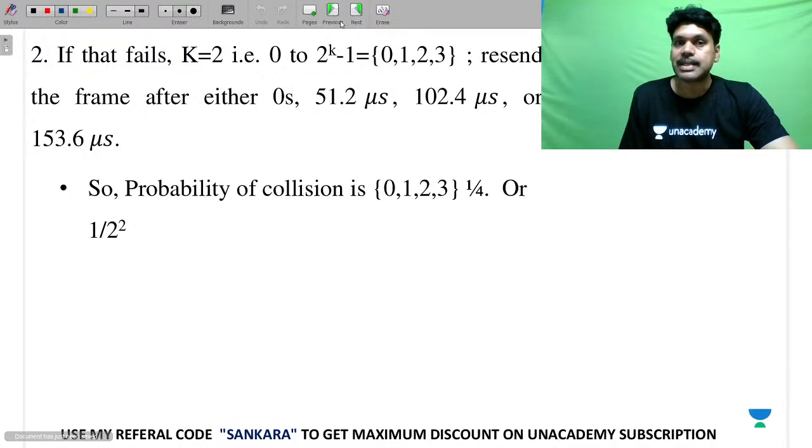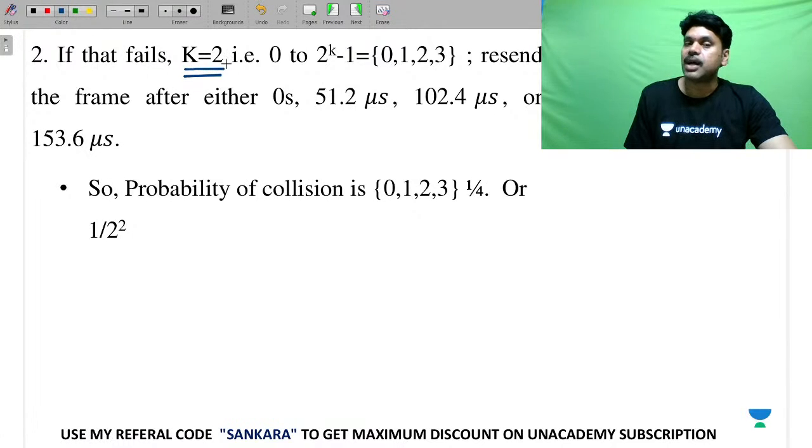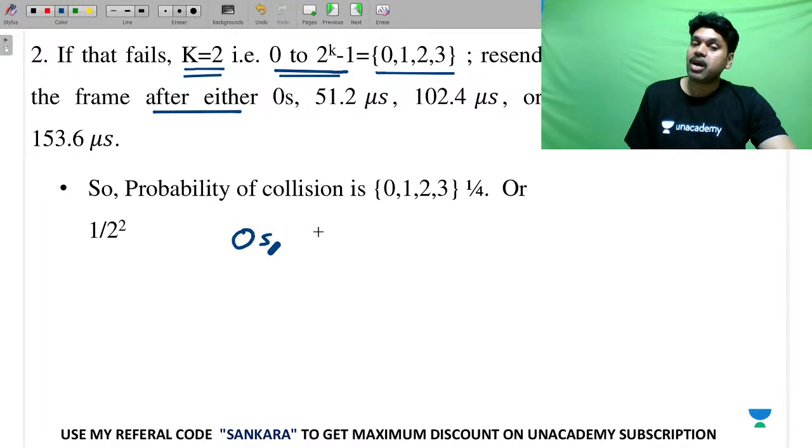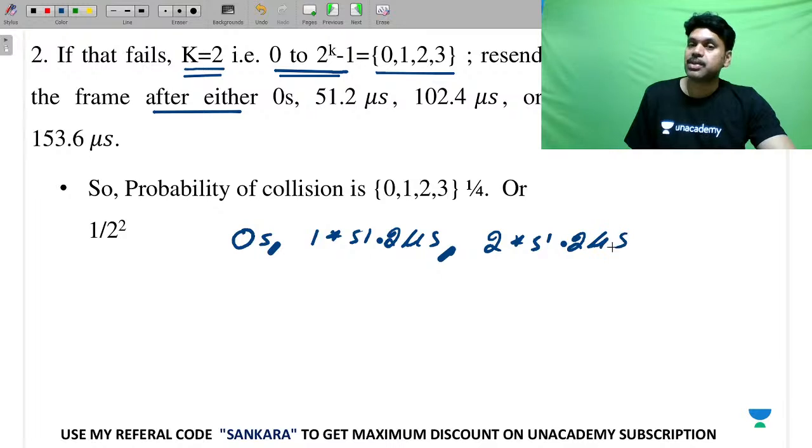Now, the second time, when k is equal to 2, observe. The node got a collision; from 0 to 2 power k minus 1, you get 4 slots. So you resend the frame after different values: waiting time may be 0, or 1 into 51.2 microseconds, or 2 into 51.2 microseconds, or 3 into 51.2 microseconds.